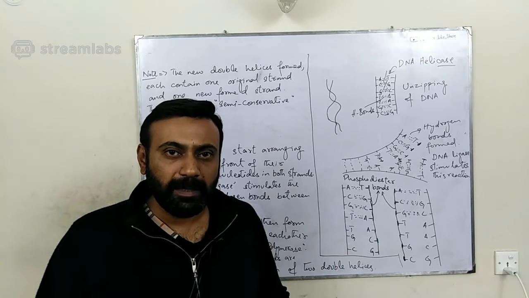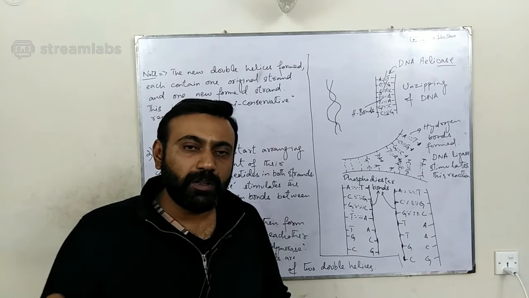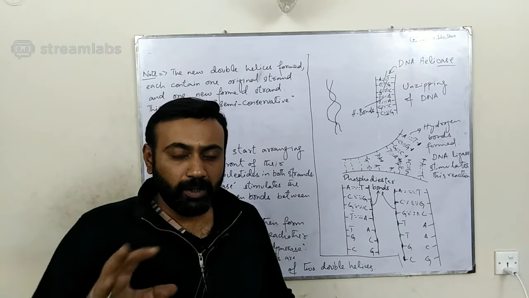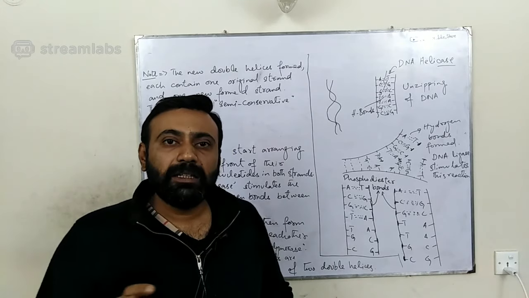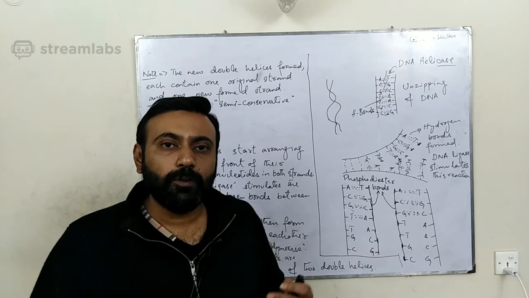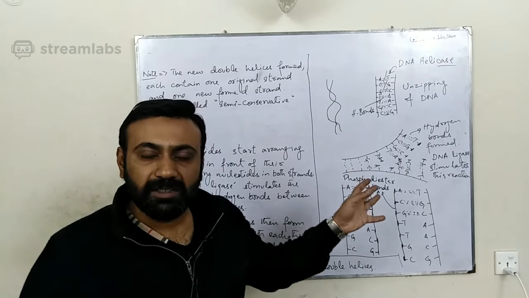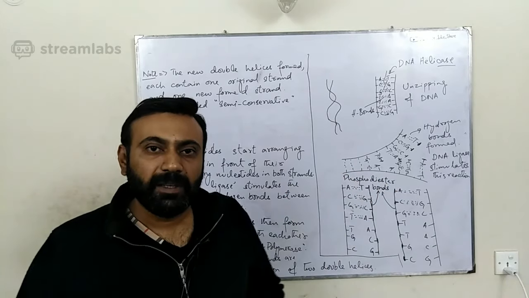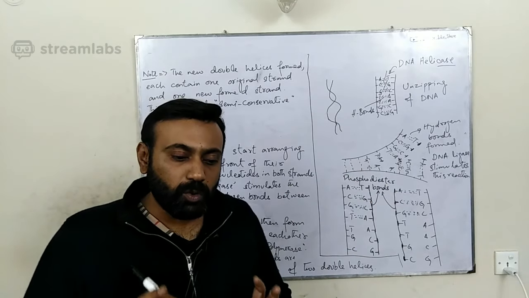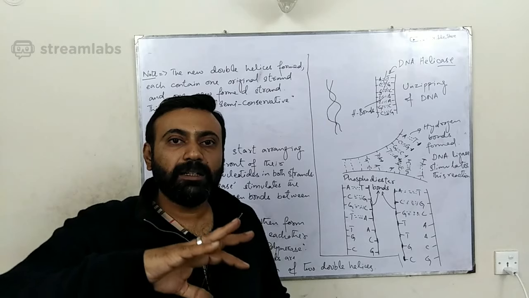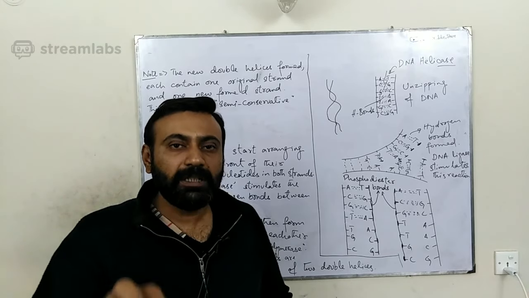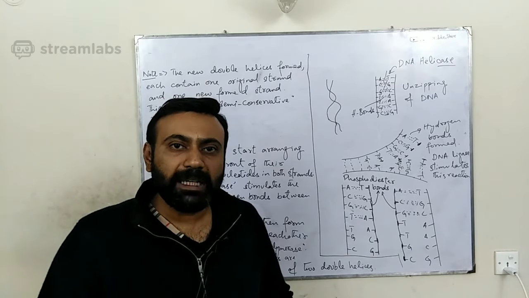So it has to take place, and in order to replicate the DNA, the presence of a few enzymes is compulsory, and those enzymes are already listed in this diagram and the descriptions. So those have to be present, and DNA has to be unzipped so that DNA replication may take place.